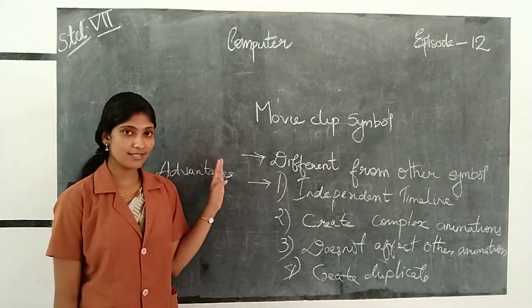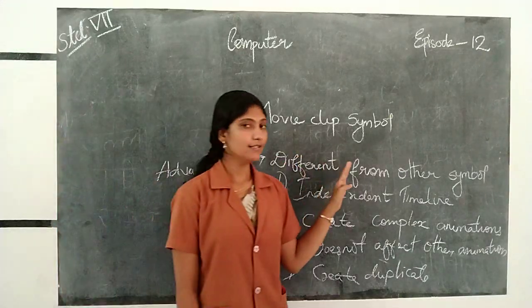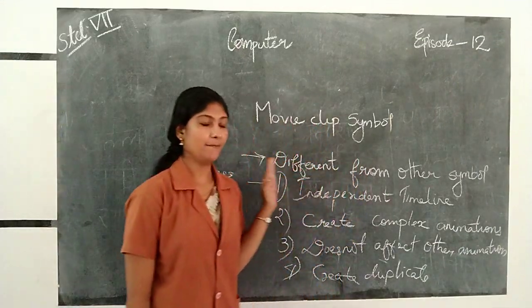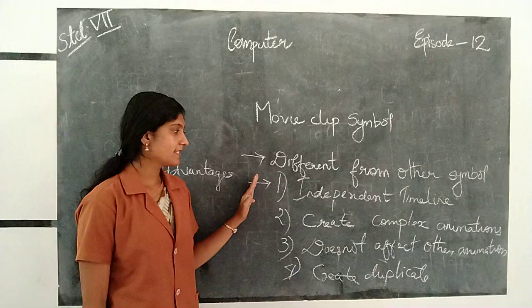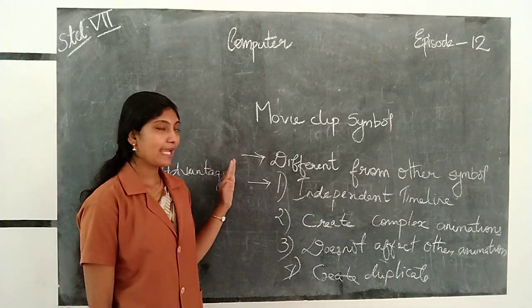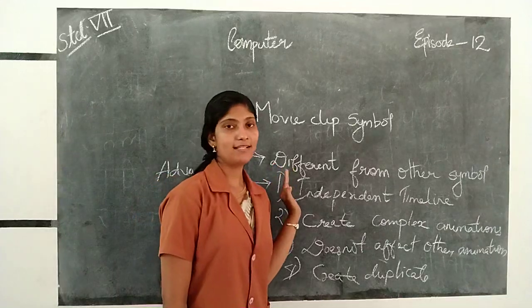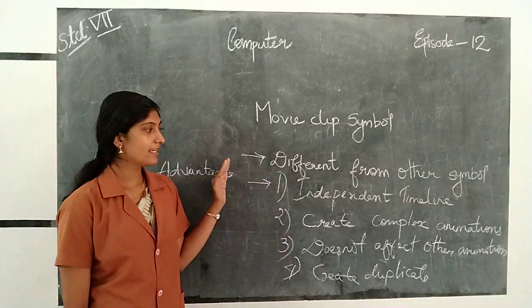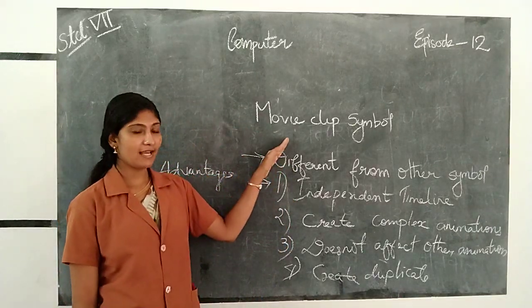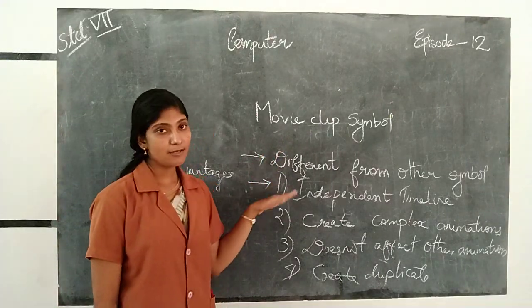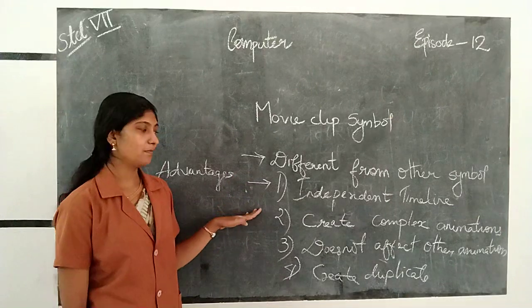First one, it is different from other symbols like button symbol and graphic symbol. And the main advantage first one is it is independent of the timeline which is present in the main timeline. That means here movie clip symbol has its own timeline and which is independent of the main timeline.